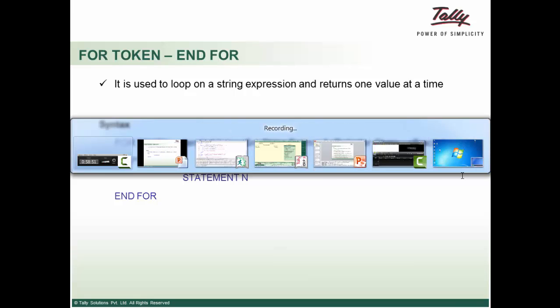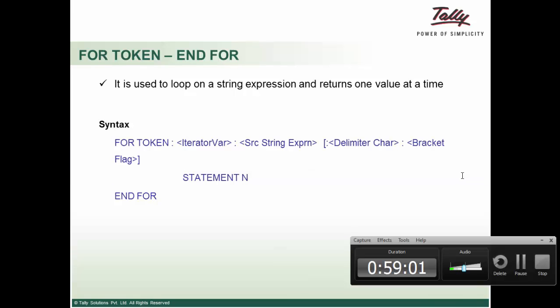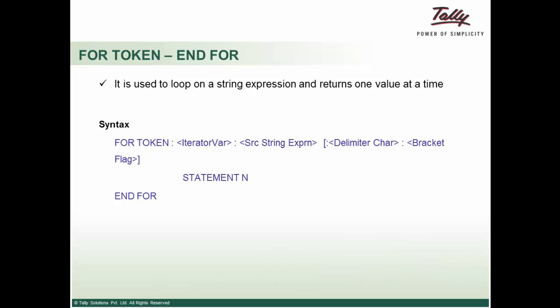Now, why would we require a for token? It is used to loop on a string expression and return one value at a time. So the set of values will be separated from each other with the help of the delimiter characters provided. Say for example, we have a series of values in a string, and when you break it, you get the details.